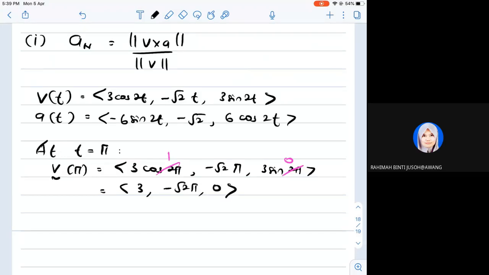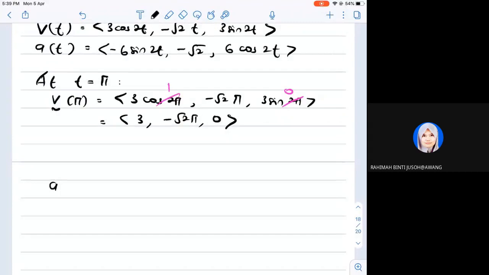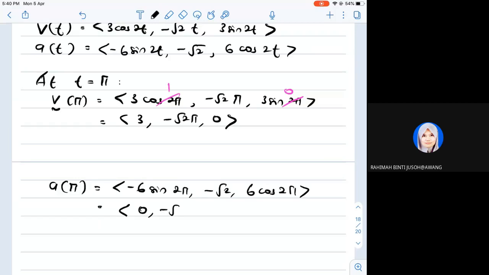And then acceleration at time t equals to pi, you ganti nilai kat dalam tu: negative 6 sin 2 pi, negative square root 2, 6 cos 2 pi. So you will have 0, negative square root 2, and then 6.